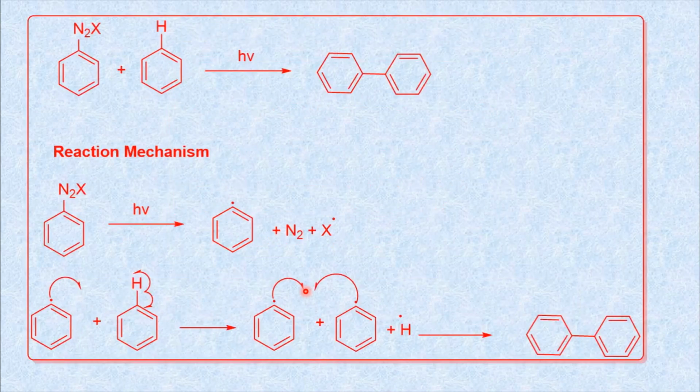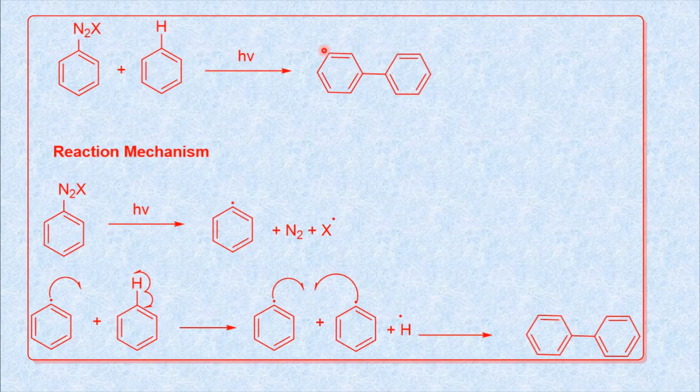Now we are taking the actual example. So this is your diazonium salt. Diazonium salt reacts with this aromatic solvent, benzene.